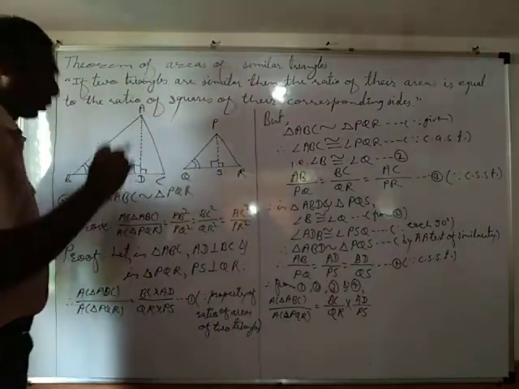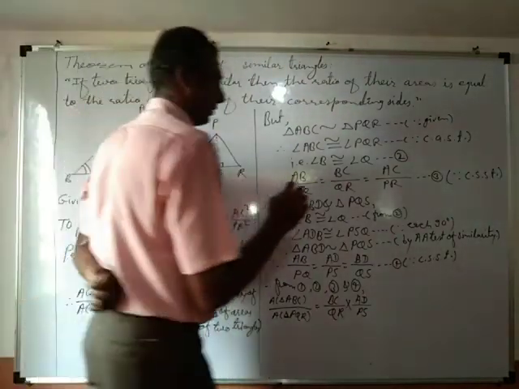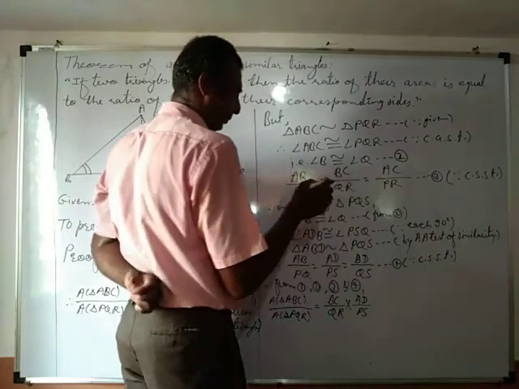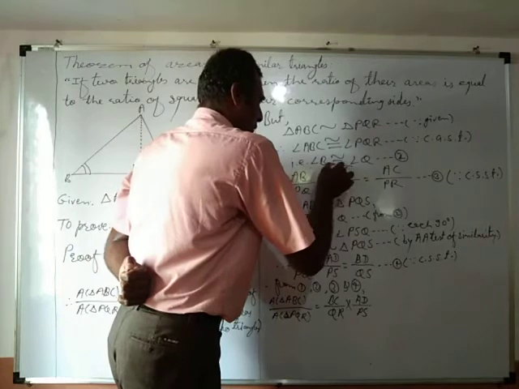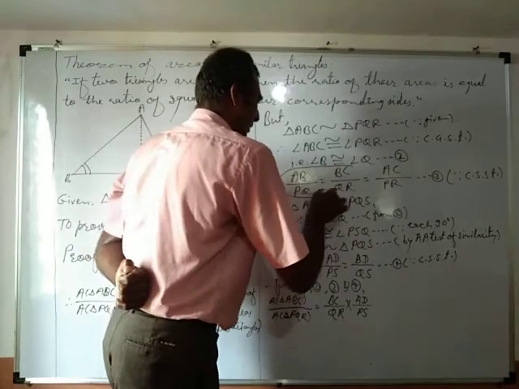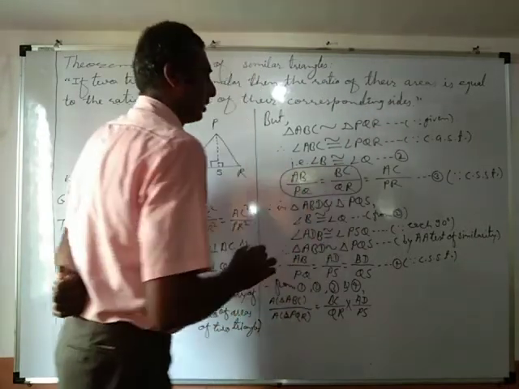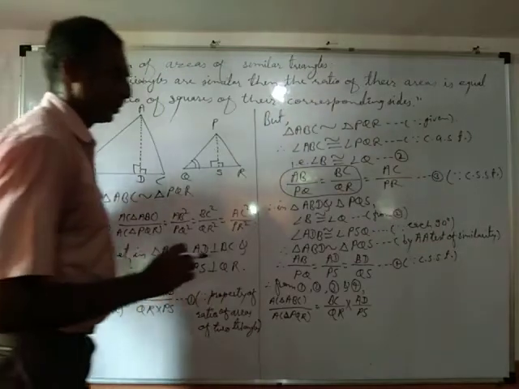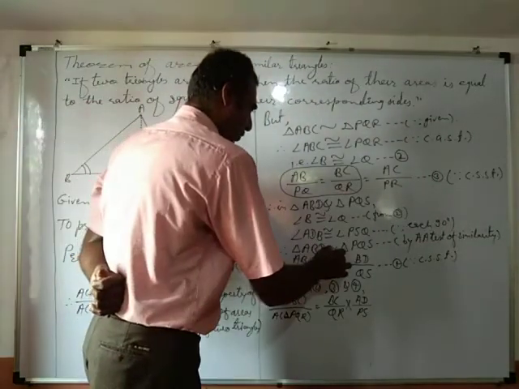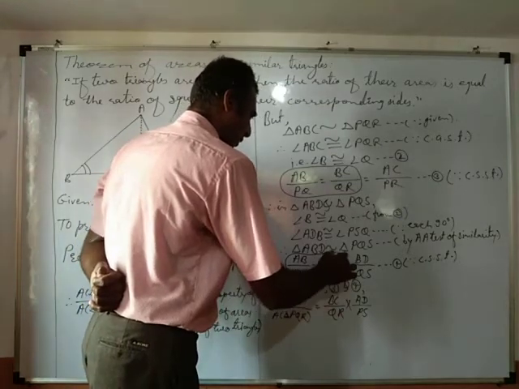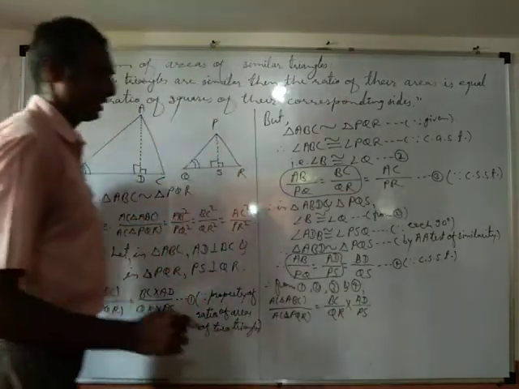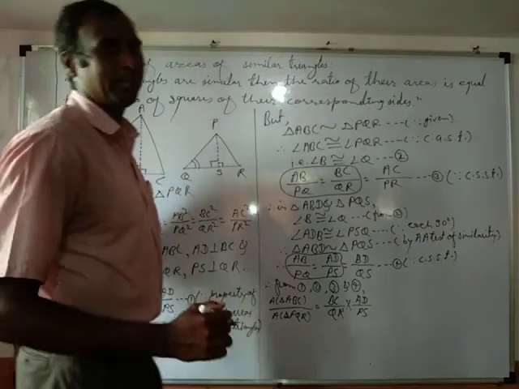Okay. Now equation third tells us that BC upon QR equals AB upon PQ. Equation 4 tells us AD upon PS equals AB upon PQ.